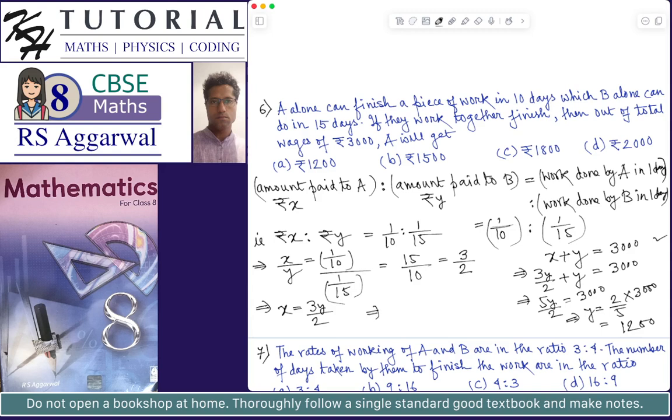So this will imply X is equal to 3000 minus Y, which is equal to 3000 minus 1200, which is equal to 1800. So A will get rupees 1800, and hence the correct choice is choice C.